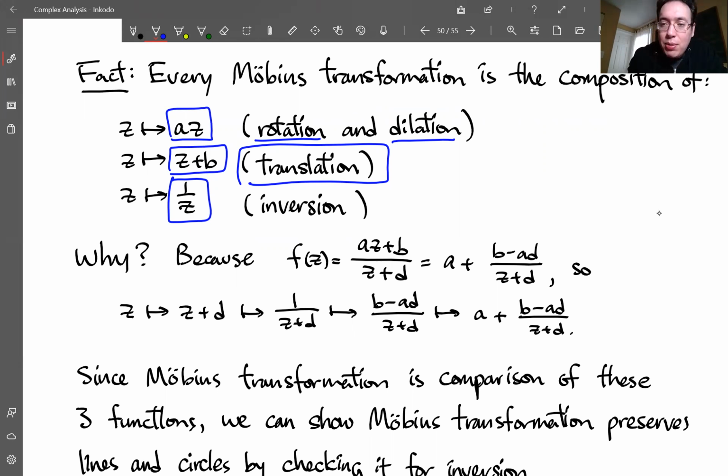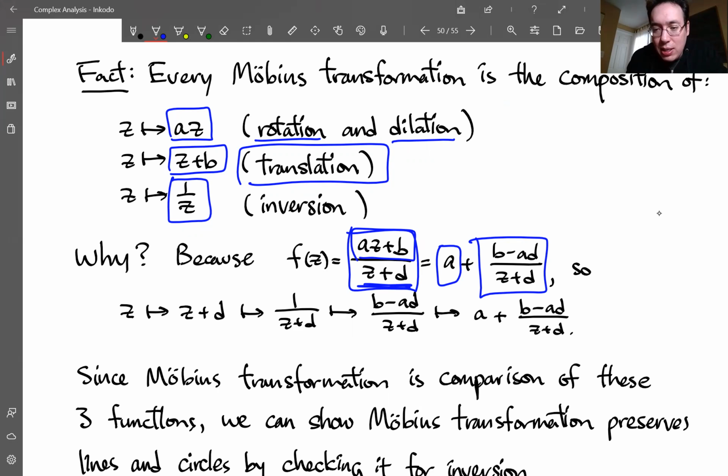So for example, if we're looking at AZ plus B over Z plus D, in this case I'm rescaling so that the coefficient C becomes equal to 1, just for simplicity's sake. Then if you divide AZ plus B by Z plus D, we can rewrite it as A plus this fraction, B minus AD over Z plus D.